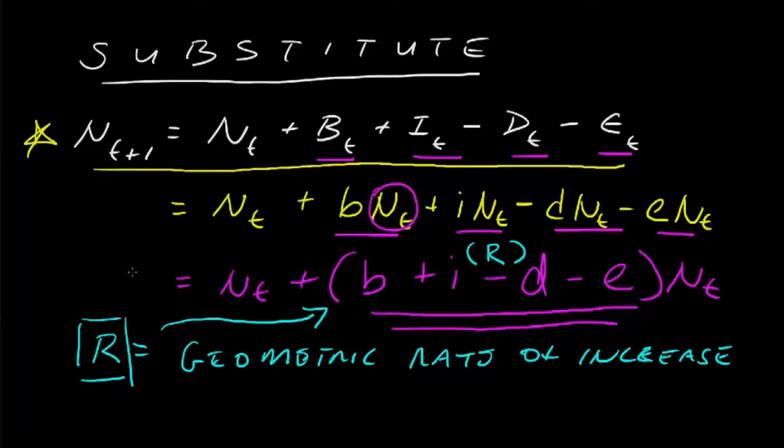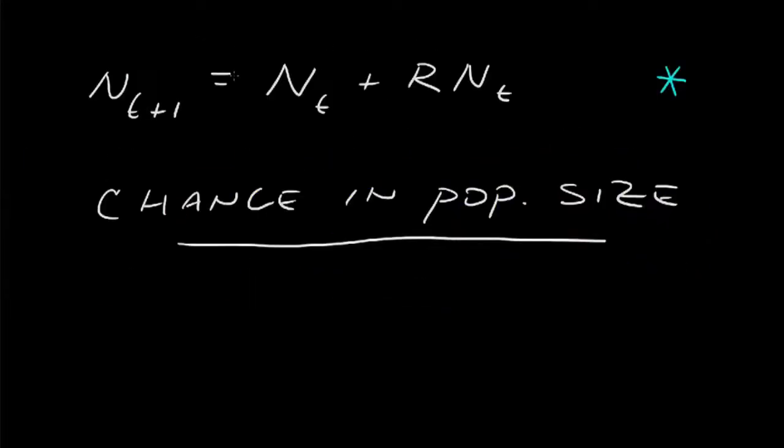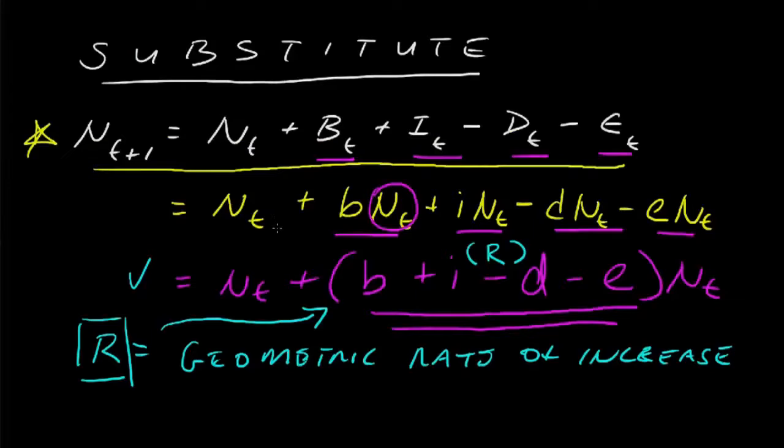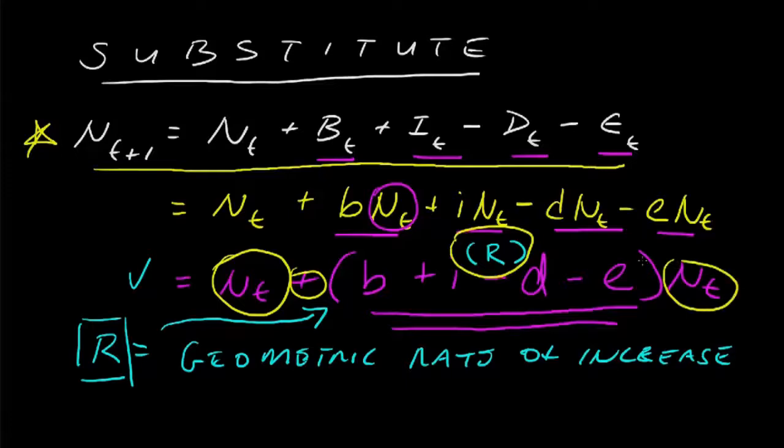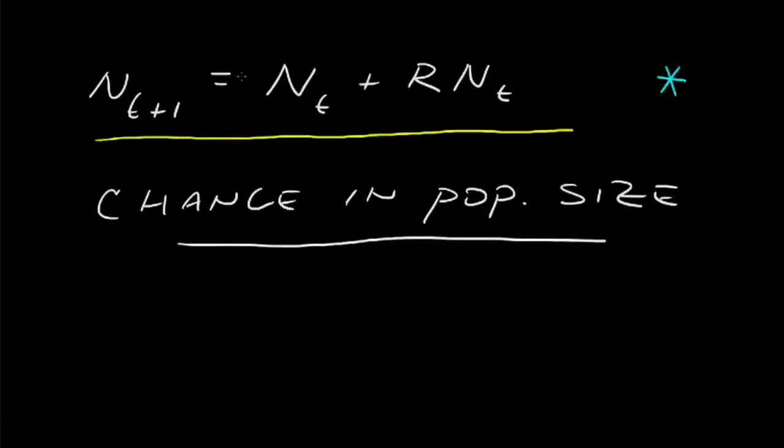So I'm going to now take this expression and move you to the next slide here, and there it is. So all I've done is taken this equation here, in which we've got NT plus R times NT. So let's have a look. We've got NT plus 1 equals NT plus R times NT. Wow. Sounds complicated, but I assure you things will get a little bit simpler.